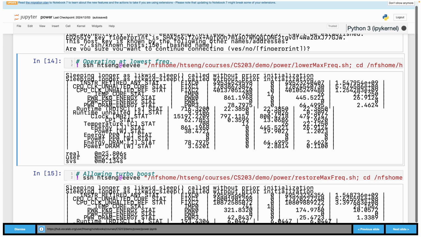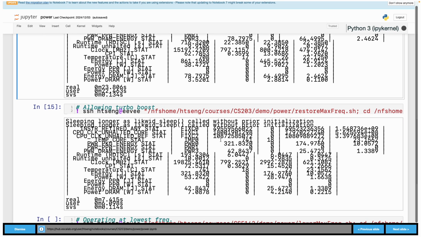But right now, if I am able to restore it to the maximum frequency, what you will see is the frequency can be as high as 3 gigahertz, and on average, 621, a lot higher frequency.